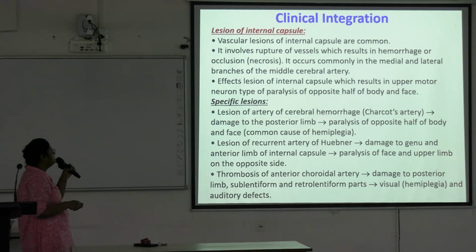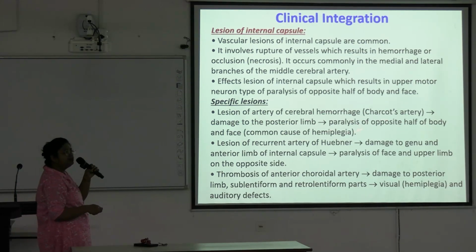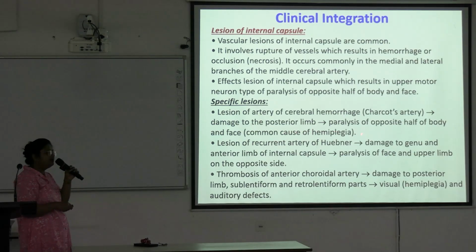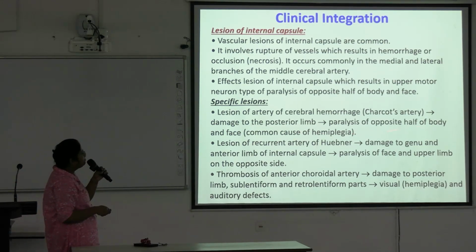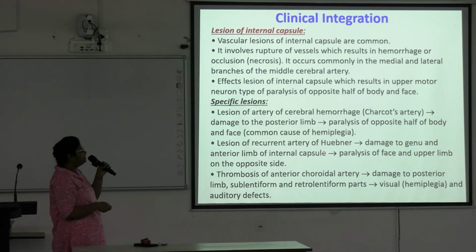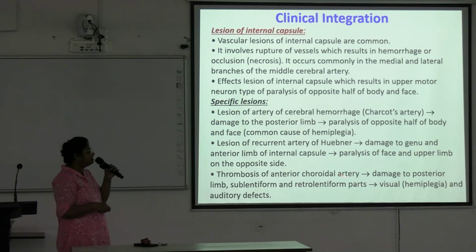Specific lesion: lesion of artery of cerebral hemorrhage, or Charcot's artery, leads to damage to the posterior limb, leading to paralysis of the opposite half of body and face, which is a common cause of hemiplegia. Next is lesion of recurrent artery of Hubner. It leads to damage to the genu and anterior limb of the internal capsule, and leads to paralysis of face and upper limb of the opposite side.